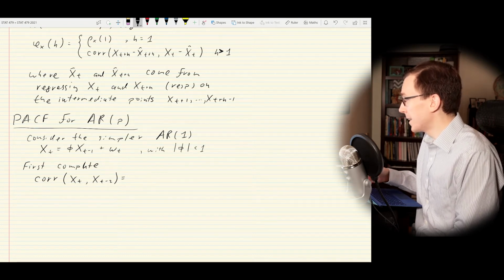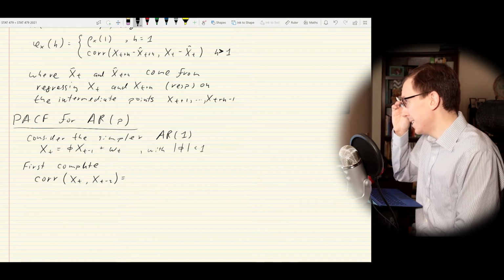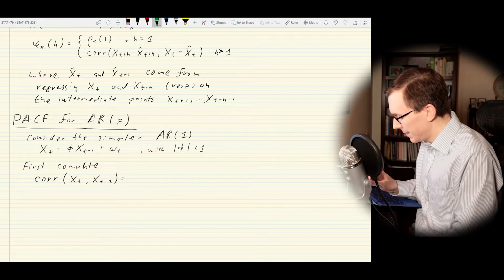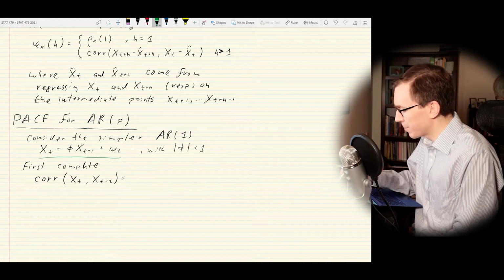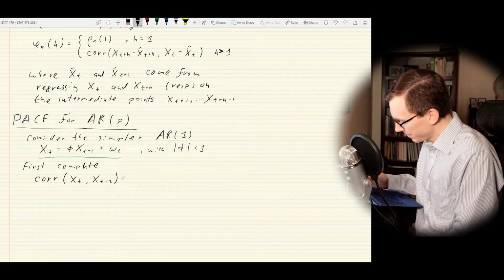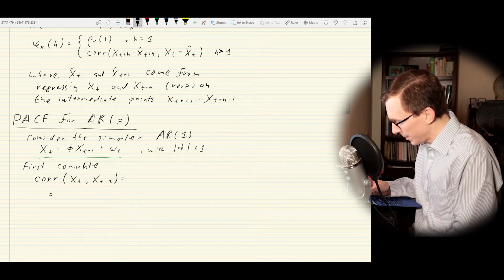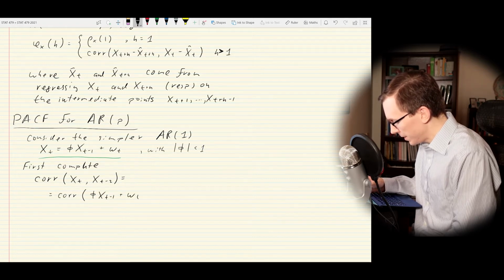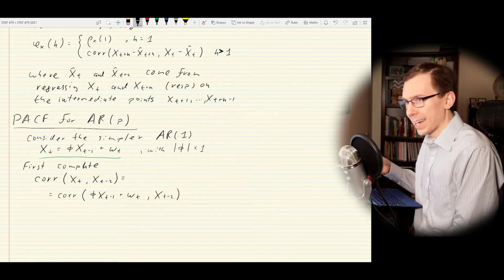I think the way that is probably easiest is to just apply the definition itself, the equation for the process itself twice, to get recursively that this is still just the correlation of phi x_{t-1} plus w_t with x_{t-2}.